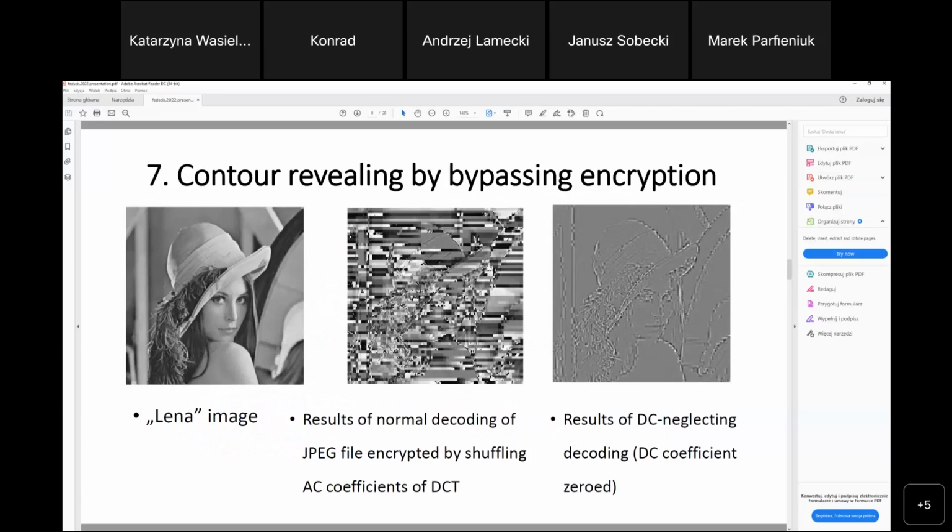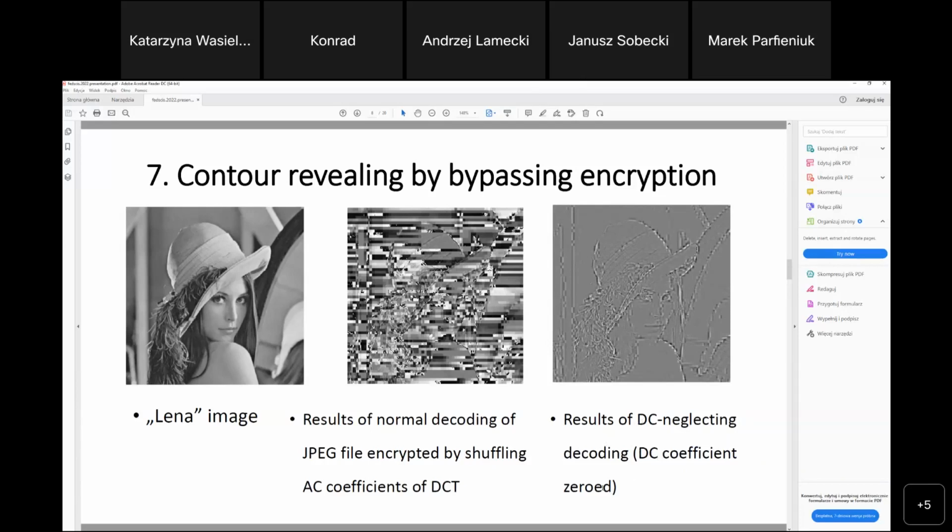In the middle, we have results of normal decoding of a JPEG file encrypted by shuffling only AC coefficients of DCT. And on the right-hand side, we see results of decoding the encrypted bitstream while neglecting DC coefficients.